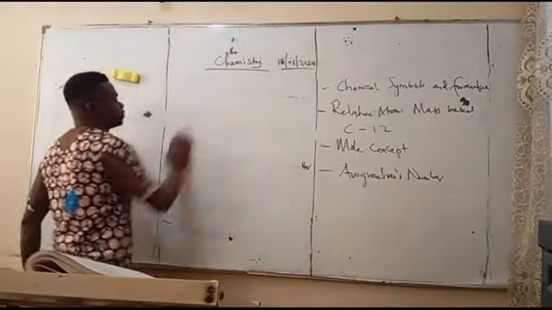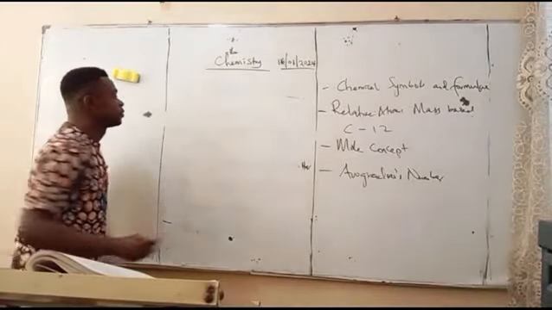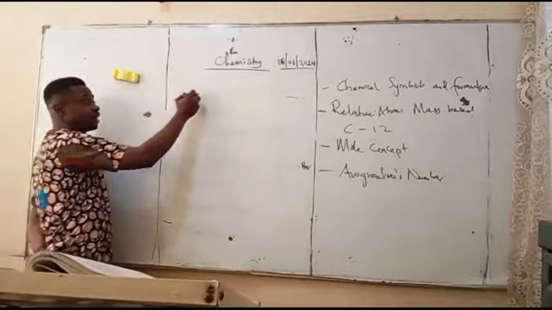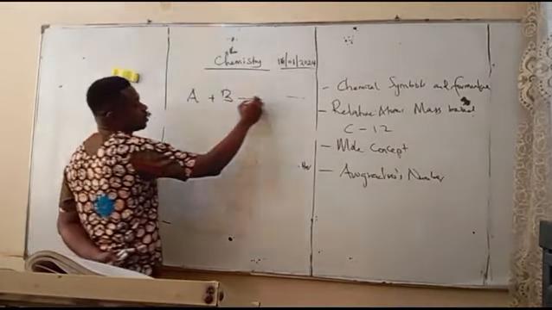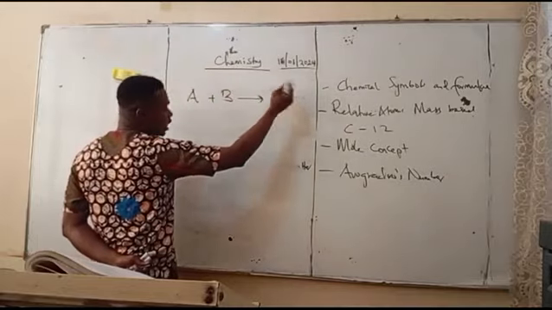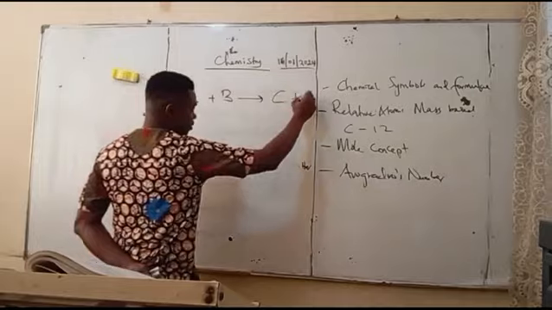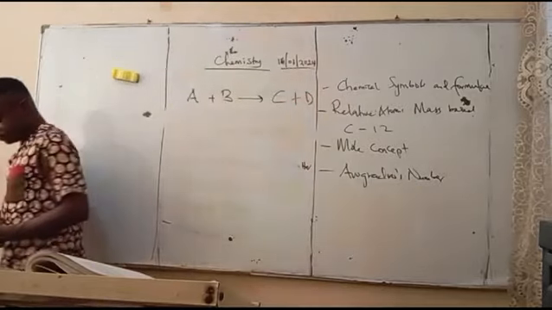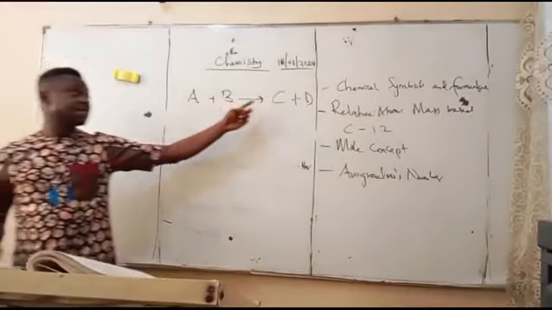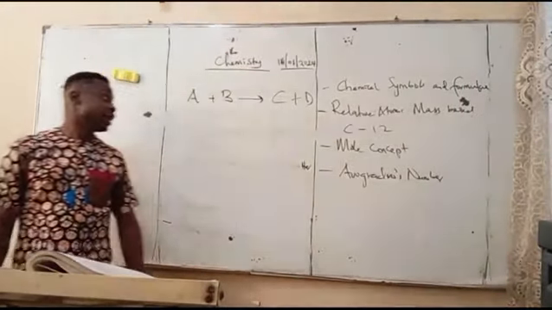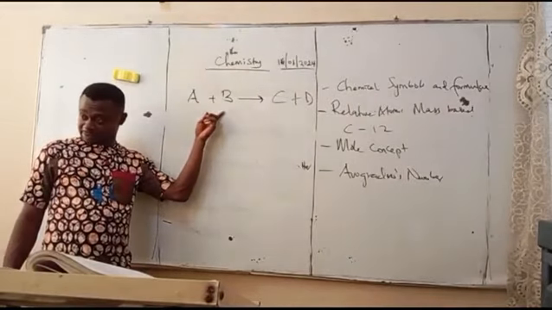Okay, so when you have reactant A combining with reactant B, to produce either C alone or C plus D, as the case may be. Let me put C plus D. These are the reactants, and these are the products. Now, this combines with this.